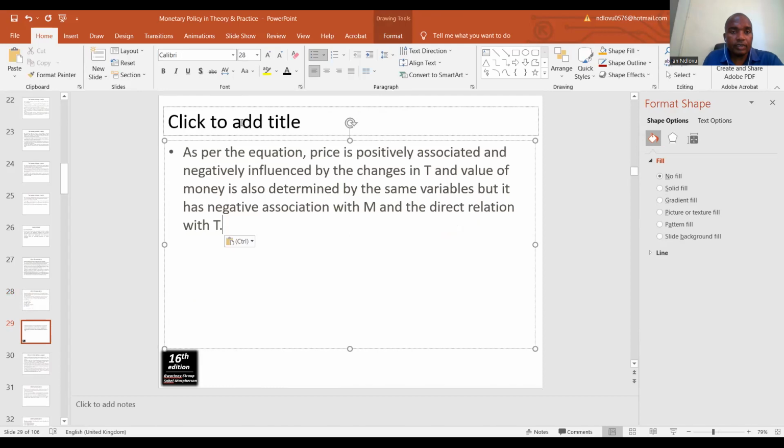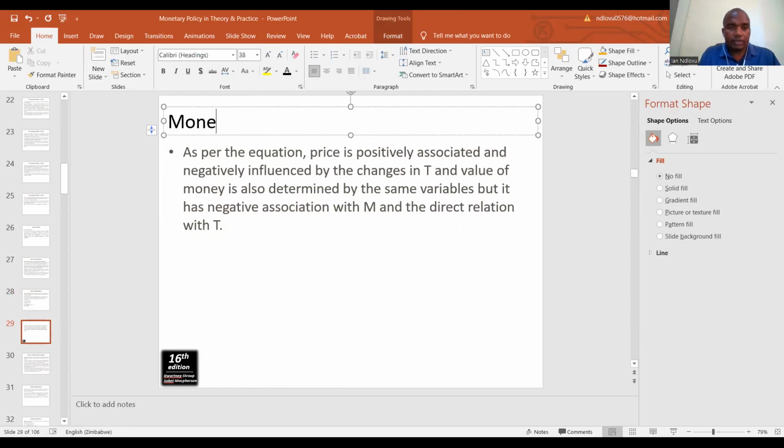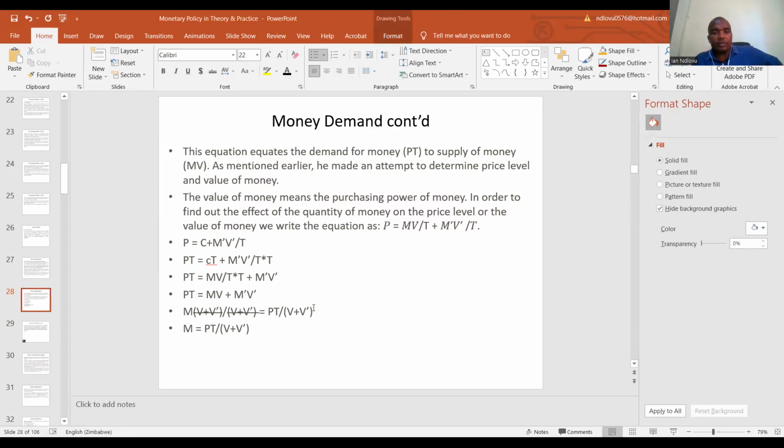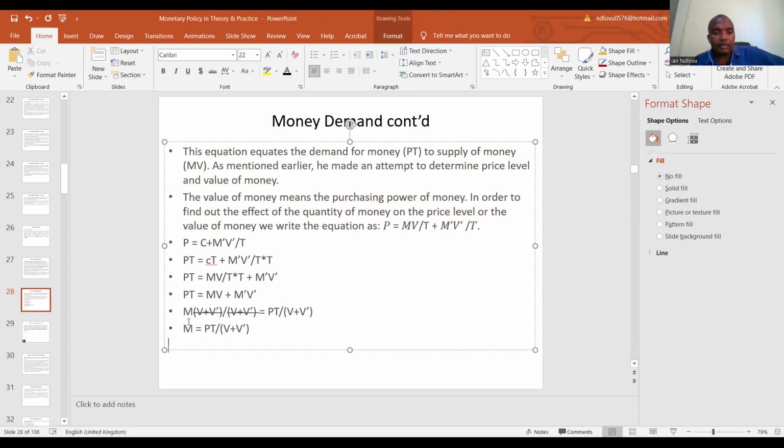So I shifted that to the next slide. We're still developing our concept of money demand. What this exposition simply tells us is that our money demand, because we know V and V prime are likely to be constant, and T is also constant.